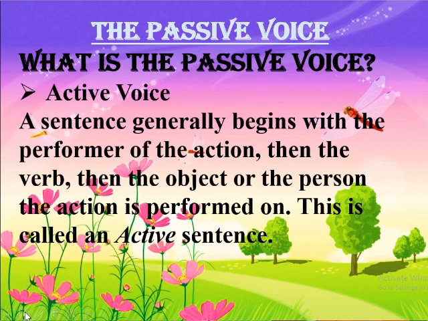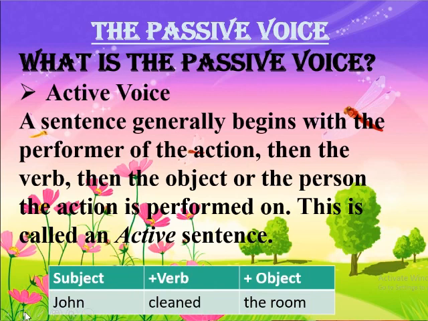This is called an active sentence. John is subject, cleaned is verb, the room is the object. So the complete sentence will be John cleaned the room.